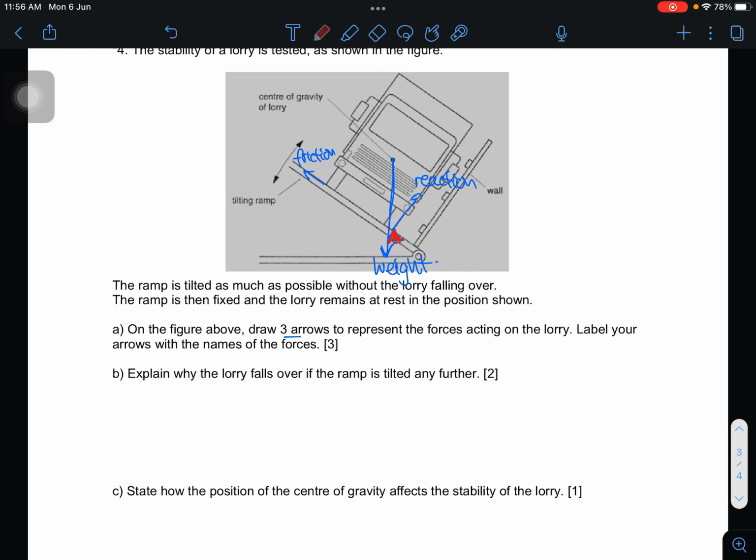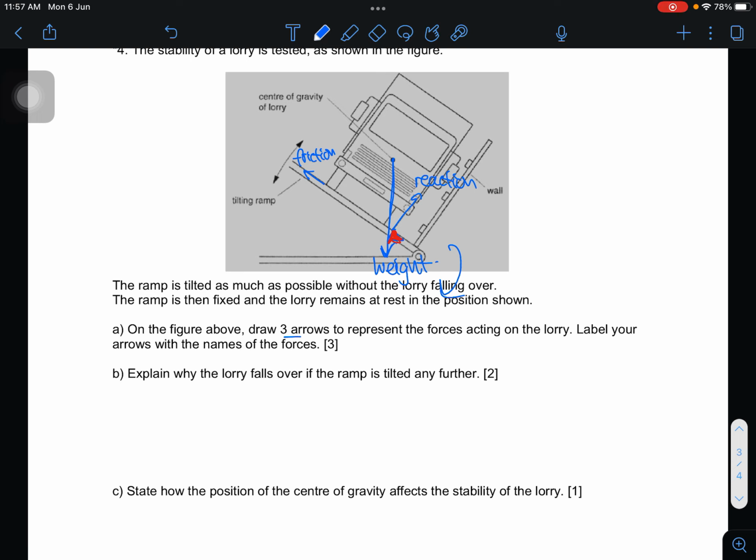If I tilt any further, the CG will most likely fall out of the pivot. If it falls out of pivot, it will create a moment. What moment? A clockwise moment that will topple the lorry over.